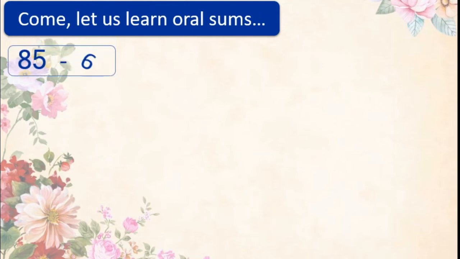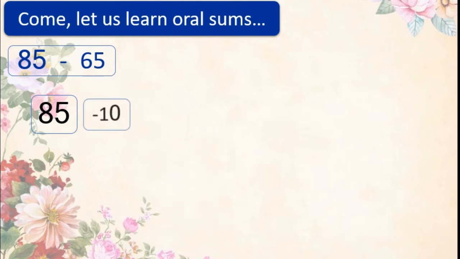See this, 85 minus 65. Here the greater number is 85. We will write like this. Then we have to subtract 65, means 6 tens and 5 units, correct? So how many times will we write 10? Correct, 6 times minus 10 we will write.